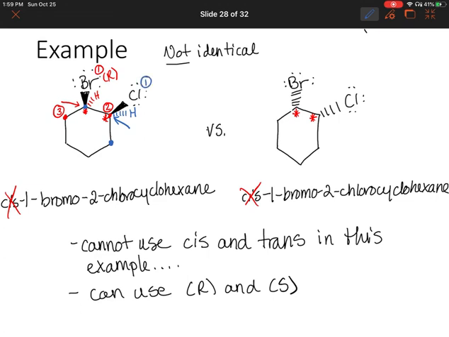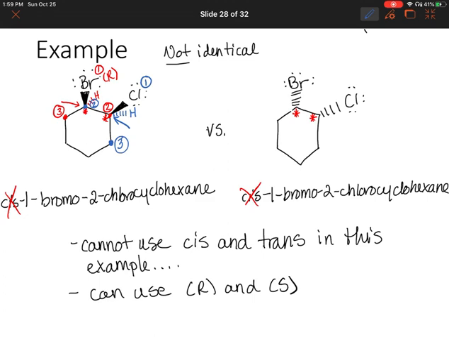Chlorine. And then next is carbon, but we have to figure out if the carbon on the left has higher priority or if the carbon on the right has higher priority. So which one would have higher priority? The carbon on the left, because it's bonded to heavier atoms, like bromine.